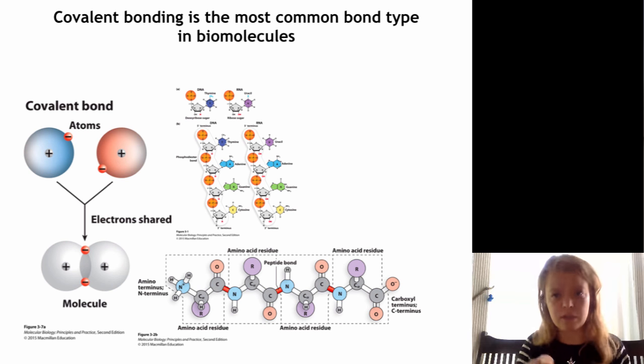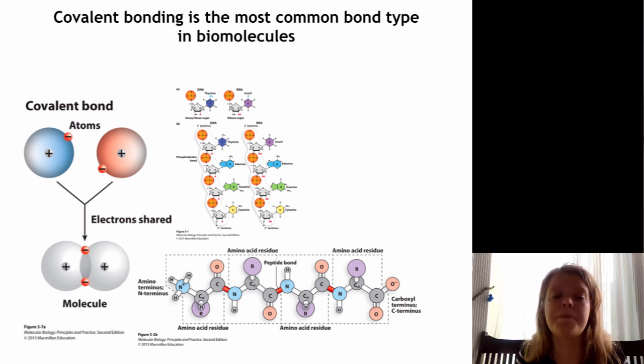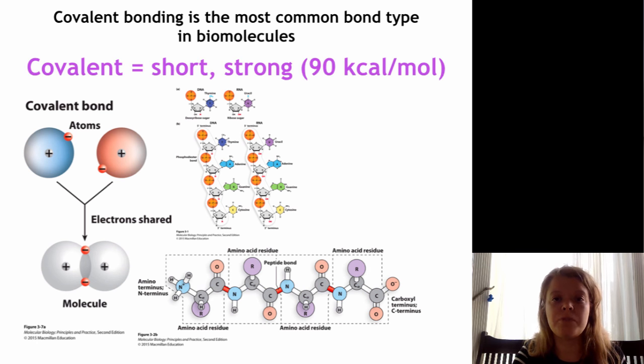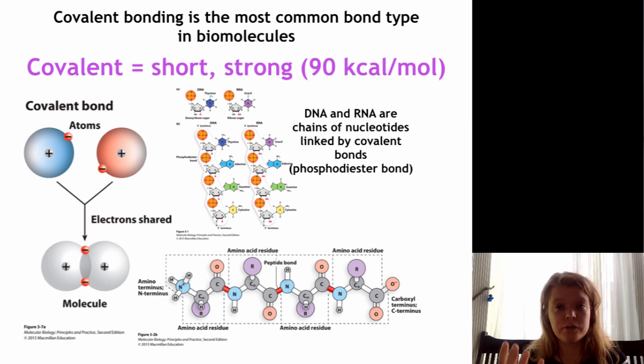But you can see on top of the slide that molecules of DNA and RNA are linked together by covalent bonds, and those are the phosphodiester bonds between the ribose and the phosphate. The reason they're called phosphodiester is because phosphate makes an ester oxygen bond on both sides.